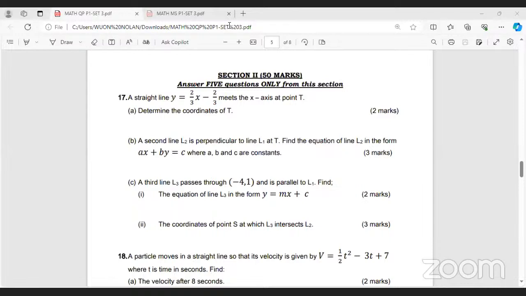That's all right, sir. We are at what percentage?